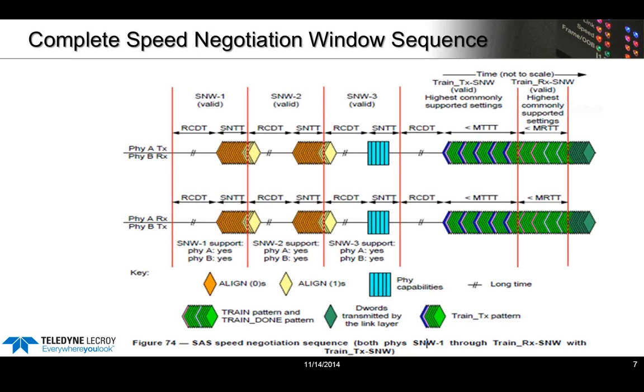And then we go into sending train primitives, or the training sequence, which is a series of train primitives and scrambled zeros. And that's this area here, the train TXSNW to the right side.